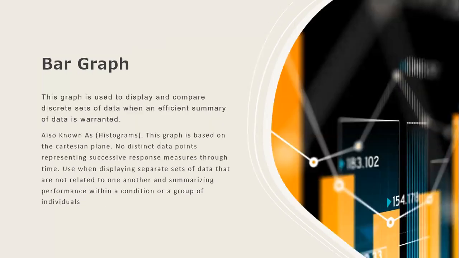The bar graph. The bar graph is used to display and compare discrete sets of data when an efficient summary of data is warranted. Also known as a histogram. The graph is based on the Cartesian plane too. No distinct data point represents successive response measured through time. Used when displaying separate sets of data that are not relevant to one another and then summarizing performance within a condition or a group of individuals.